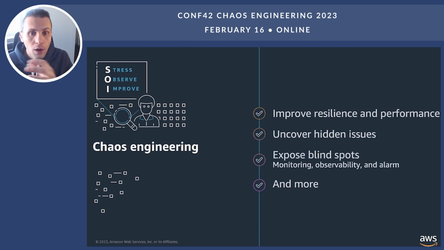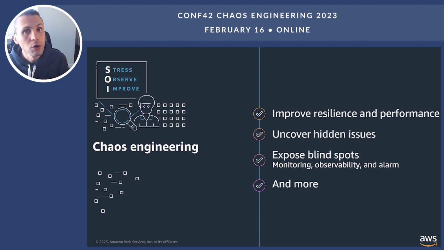So chaos engineering focuses on improving the resiliency and performance of your workloads, but also on uncovering those hidden issues. That's one of the main benefits of chaos engineering: those hidden issues are really hard to know ahead of time. And also you want to expose your blind spots. This is the example I mentioned before about having a very good observability story.